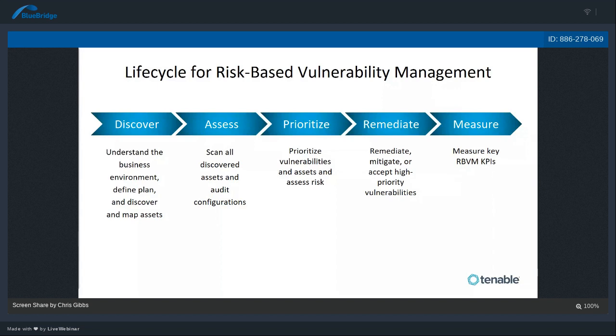Those tools provide you a scan, they provide you the results with CVSS as the primary metric of what we prioritize. And that's not necessarily the best way to go about things.